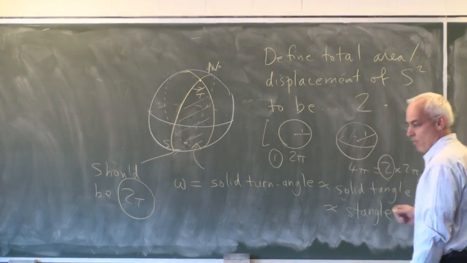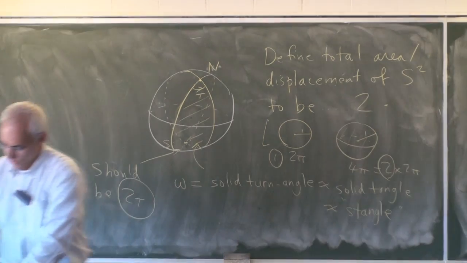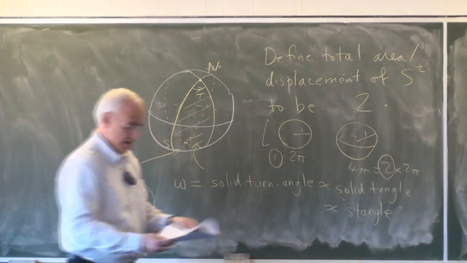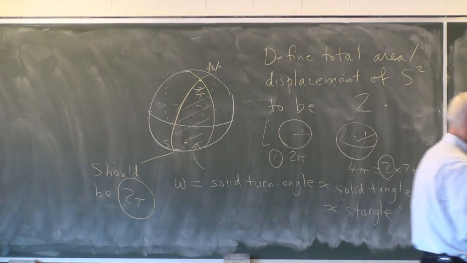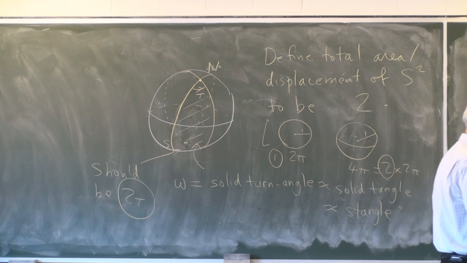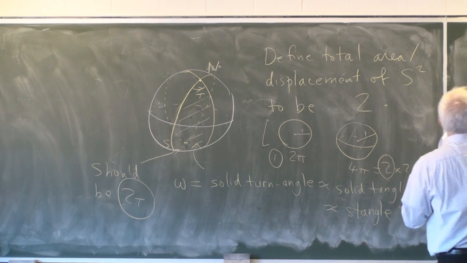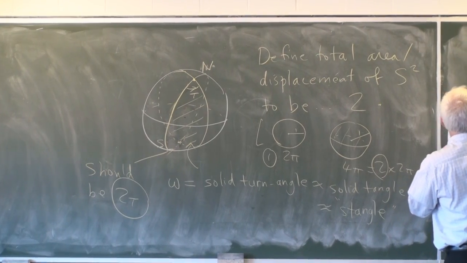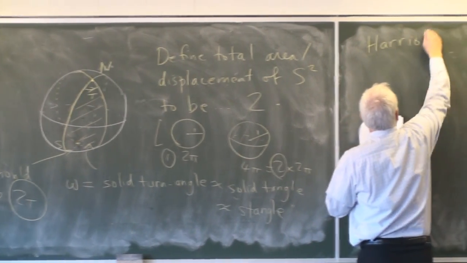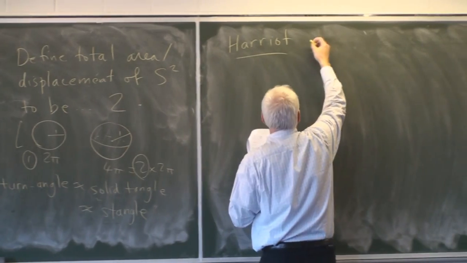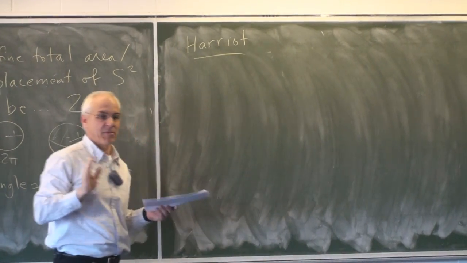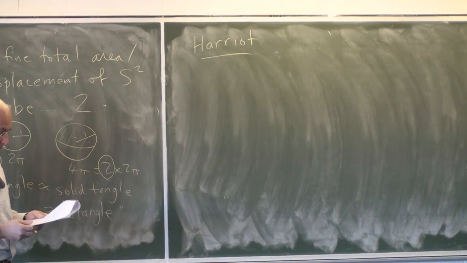All right, now let's be a little bit more ambitious and look at a spherical triangle. And now we're going to go back to the formula of Harriot, which I think is something like 1680s or something like that, but I could be wrong.